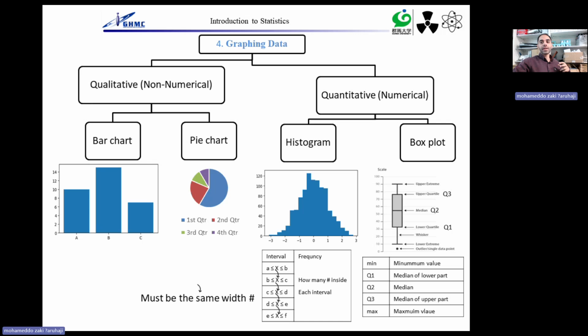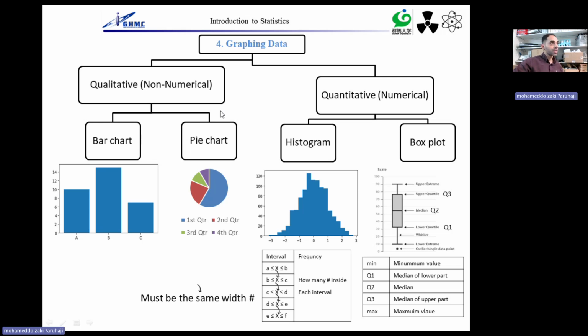For example, I cannot choose a box plot graph for qualitative data. I mean, I can get it as an answer nowadays by technology, but it's not good enough. For qualitative data, you want to have charts. Either a pie chart or a bar chart will be good options.